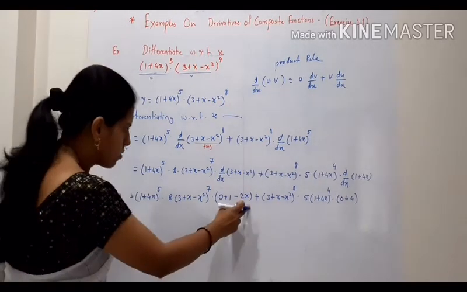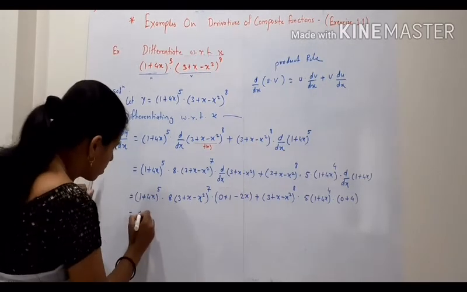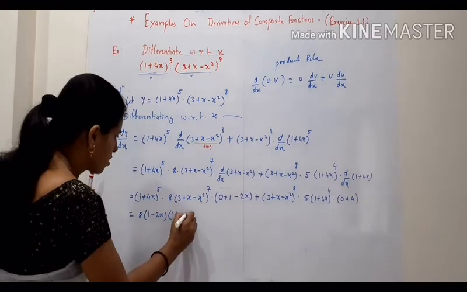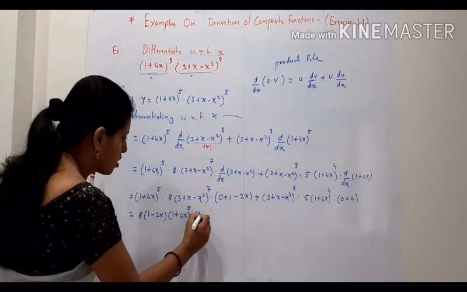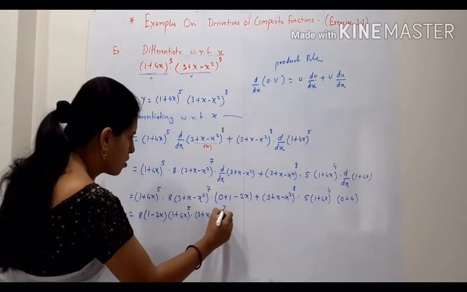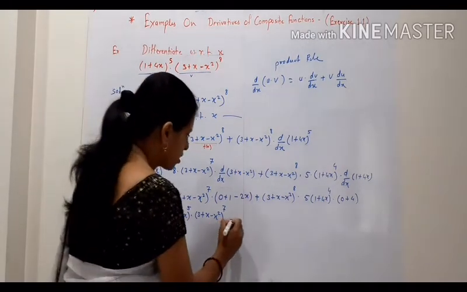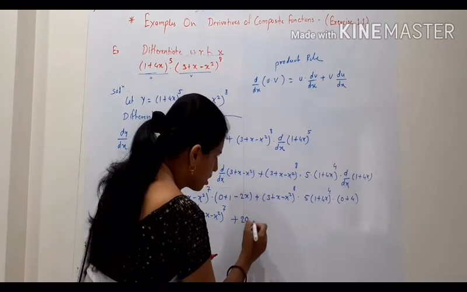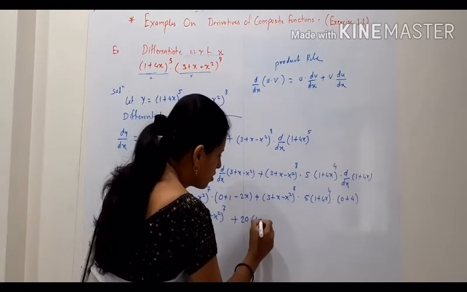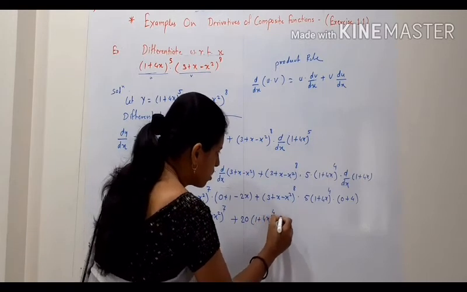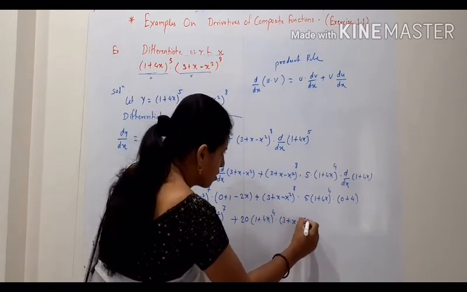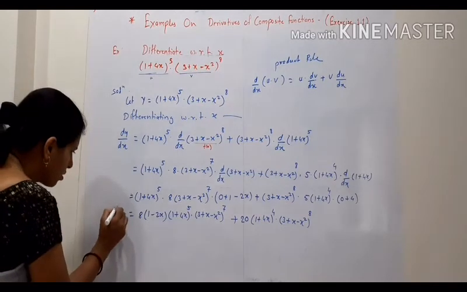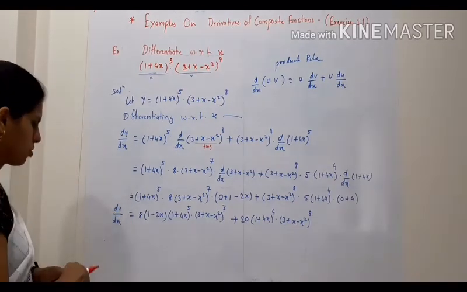So it is (1 - 2x), 8 into (1 - 2x) into (1 + 4x) raised to 5 into (3 + x - x square) raised to 7, the first term, plus 5 into 4, 20 into (1 + 4x) raised to 4 into (3 + x - x square) raised to 8. This is the final solution, dy by dx is equal to this.